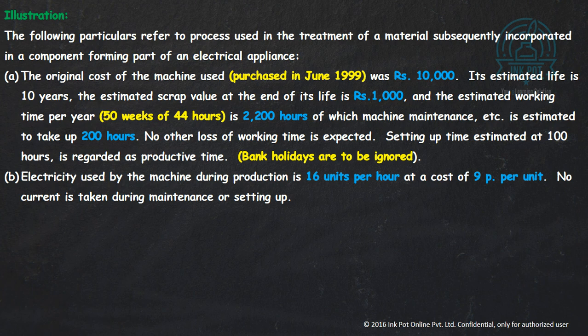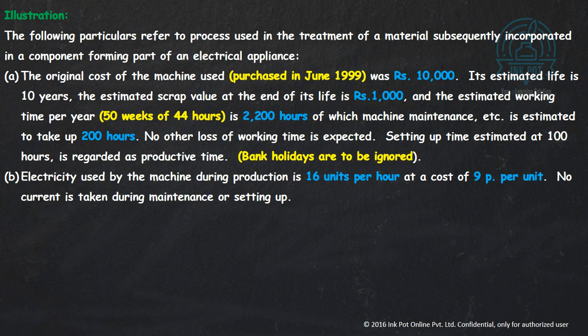Whenever we are given the original cost, the estimated life and the scrap value, by default we have to calculate the depreciation of that machinery, and in machine hour rate we have to calculate each cost on the basis of per hour. The estimated working time per year is 2200 hours, which is 50 weeks of 44 hours, of which machine maintenance etc. is estimated to take up 200 hours.